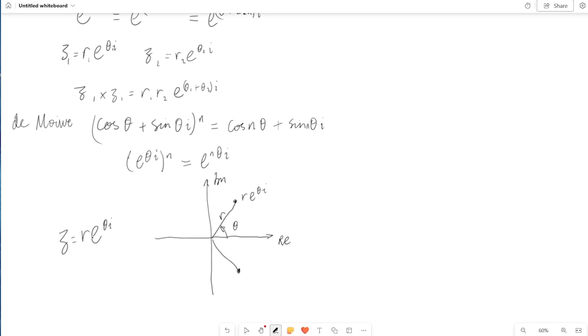So the real component is the same, but the imaginary component is the opposite. The angle will be minus theta, but the length will be the same. That's our conjugate. So we can safely say that the conjugate of z is r e to the power of negative theta i.